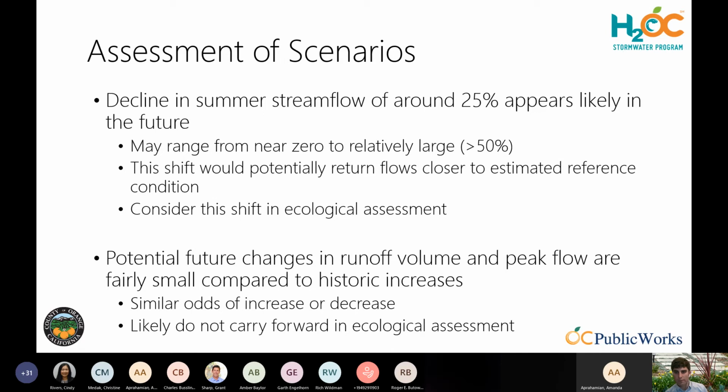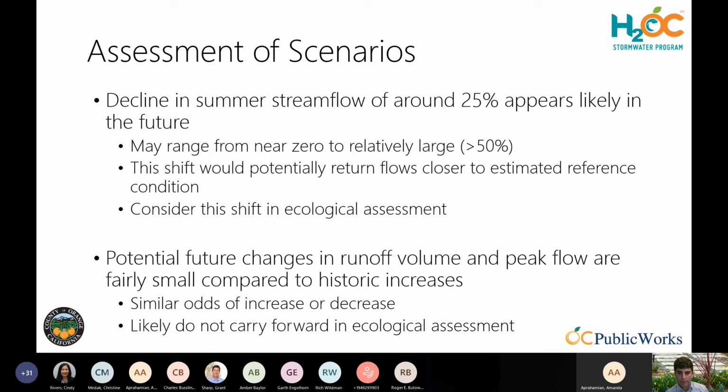This would move us closer to reference as we estimate it. And I think this is a shift that is probably significant enough that it would influence the ecological assessment and help provide some management level guidance as to which parts of the watershed are shifting in a good way and which parts of the watershed may be shifting in a way that would maybe no longer support an ecosystem that's been adapted to perennial flows.